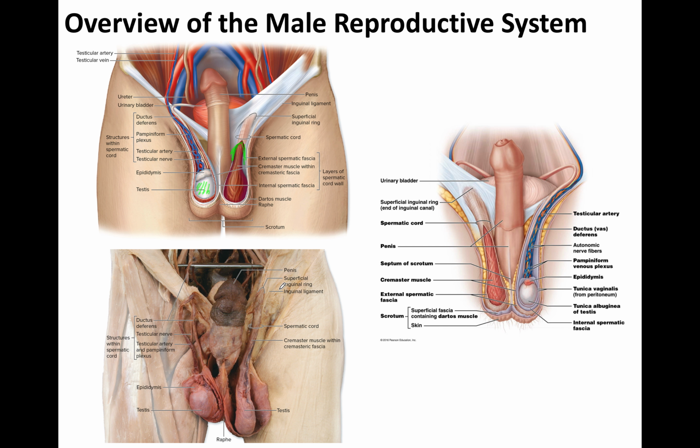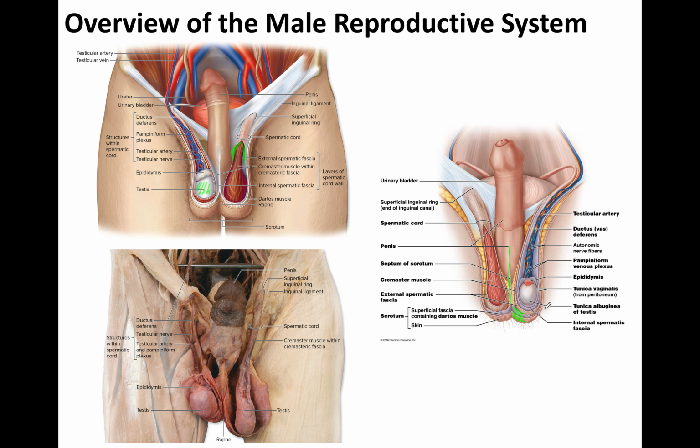So this picture kind of shows you some of those tissue layers a little bit better. You have this outer skin right here. You have some superficial fascia right there, just below the skin, essentially, and that's going to create this septum right here. So each testis will be in its own sac that is separate from one another.